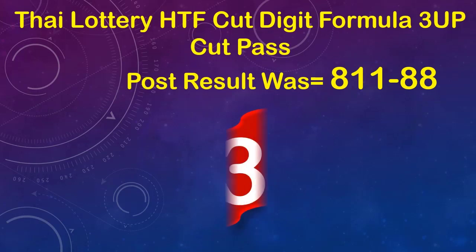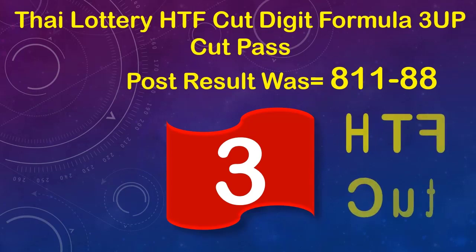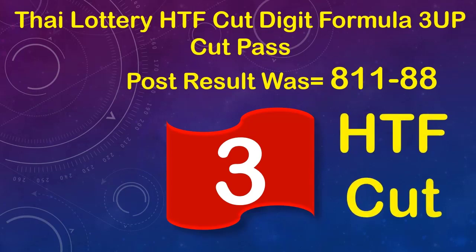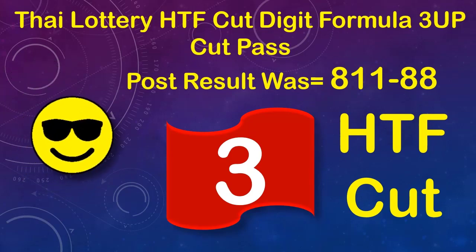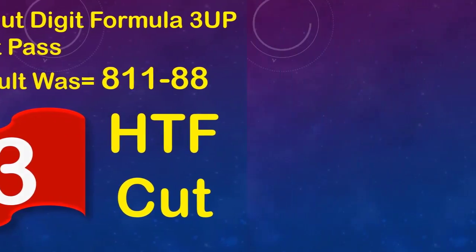After applying our formula on the previous result, we get cut digit 3. As you can see, 3 doesn't exist in HTF, so we consider this result as passed. Now let's move on to our next result.